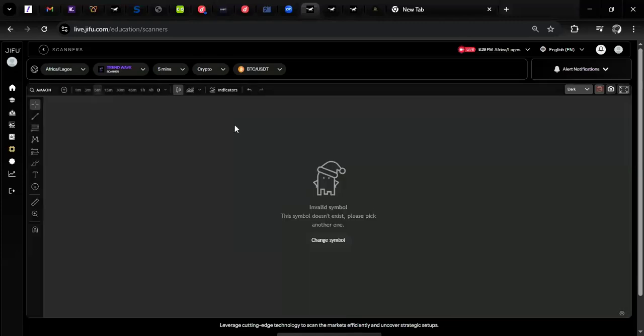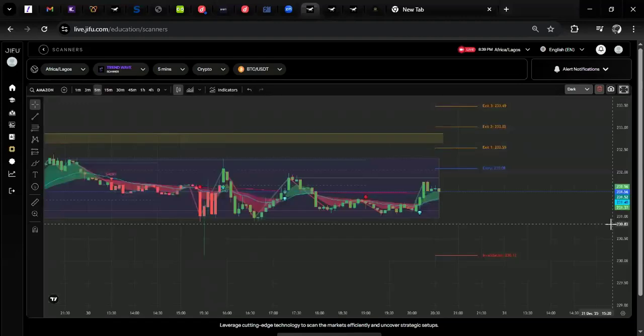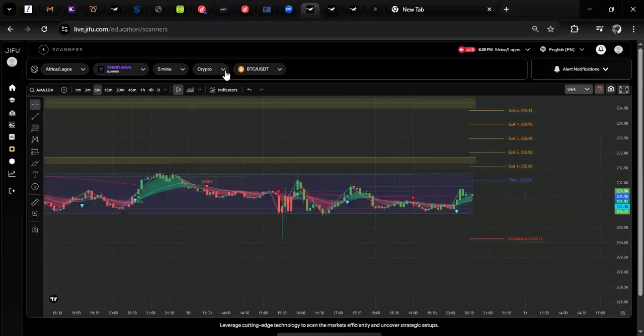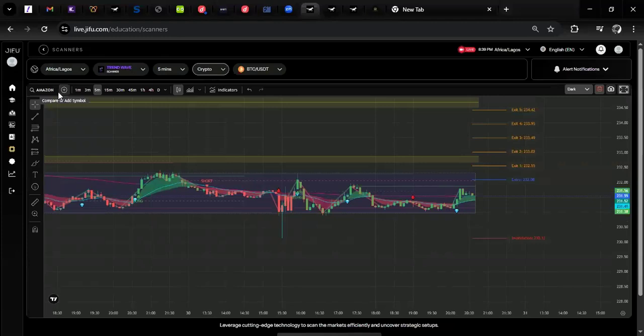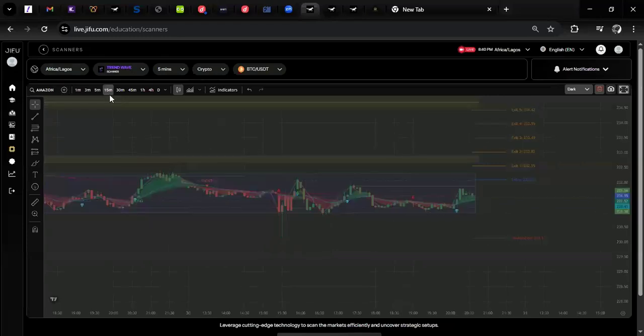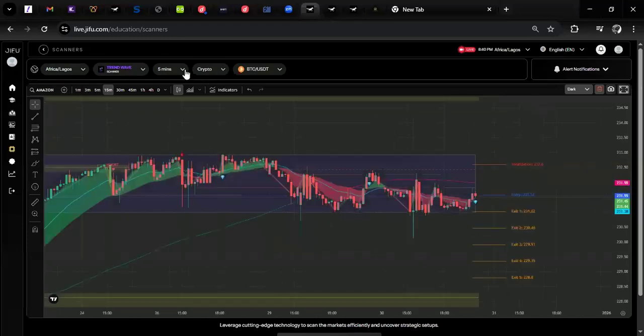Instead of coming to this page, just go ahead. First, if you don't change here, whatever you have here, now we have crypto BTC right here on Amazon. You can change your time frame and nothing happens. But if you come here and change time frames, it goes back to what is selected here.